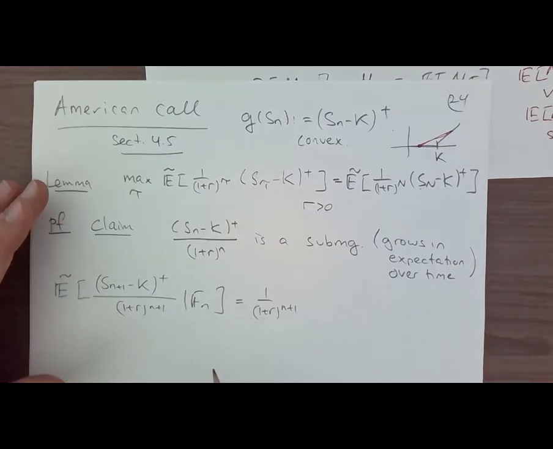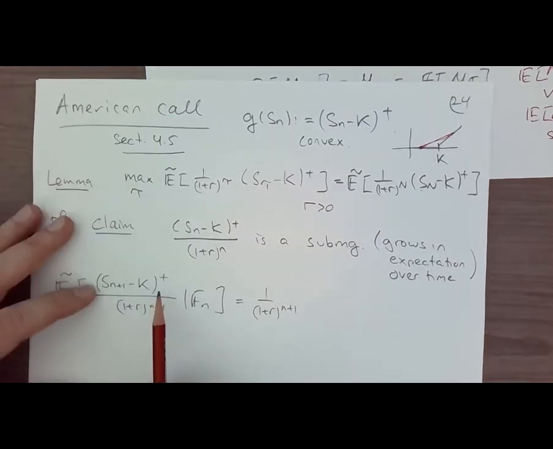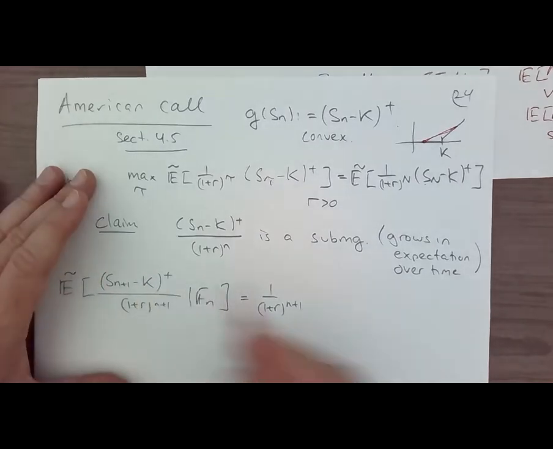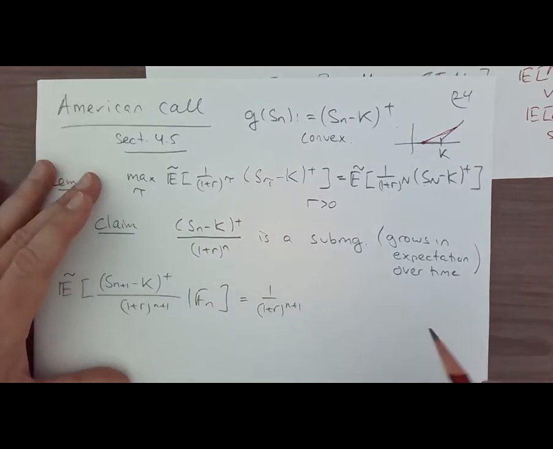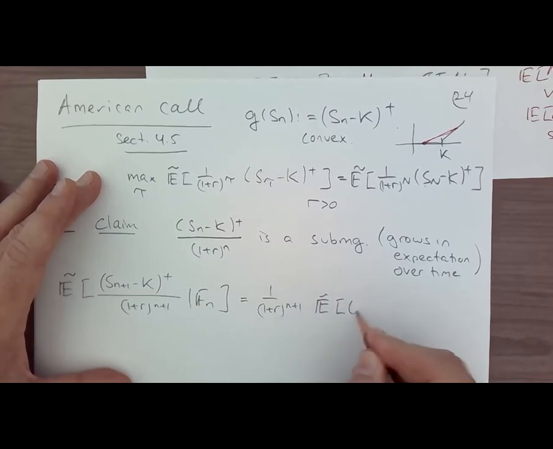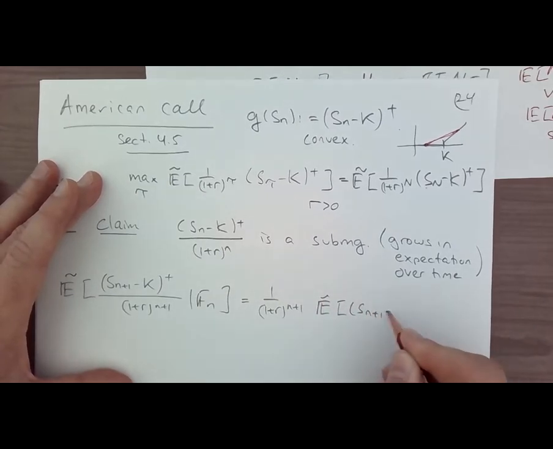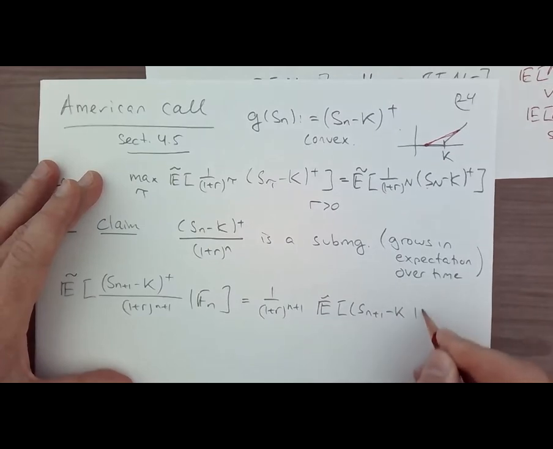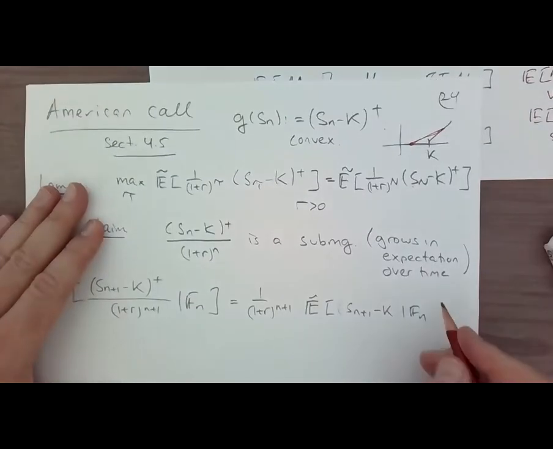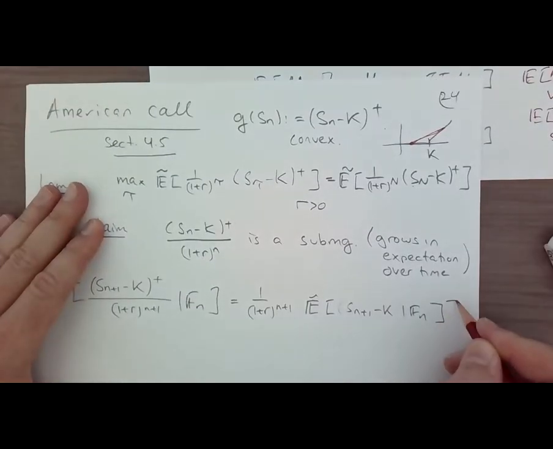Okay, so that was one thing. So if I have a convex function on the inside, what I can do is move the convex function outside. If I move the convex function outside, do you guys remember what happens? Take the convex function to the outside.